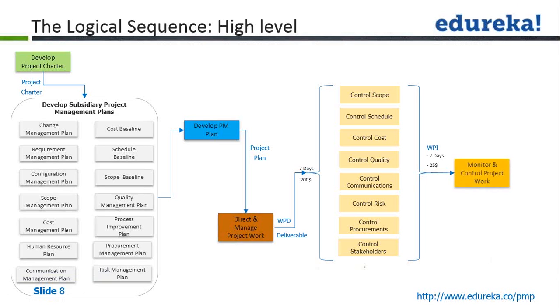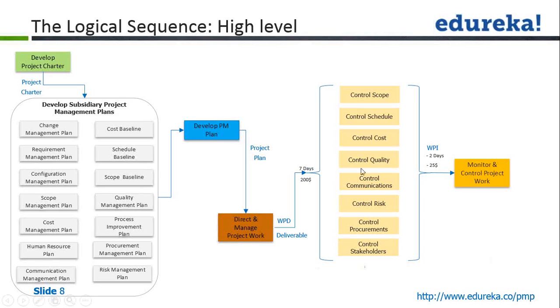Work performance information is analyzed raw data. So the 7 days was compared with the plan, and that gave us information that there is a negative duration variance of 2 days. When we compare the actual $200 with what was planned, we realize that there was a deviation of $25. We are overspending by $25. This is the analyzed data.